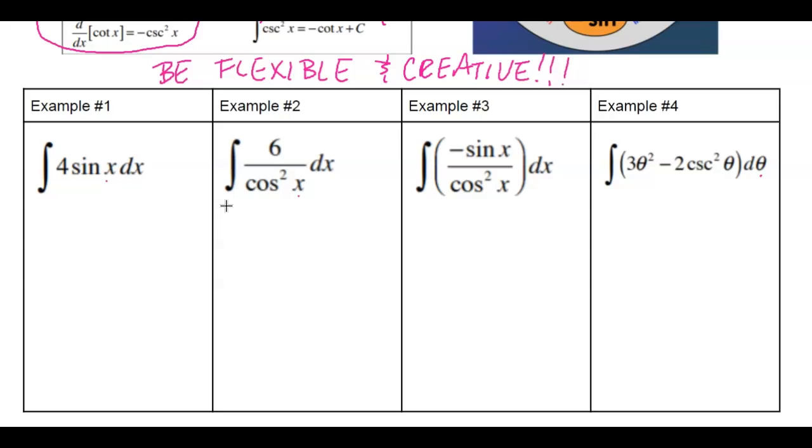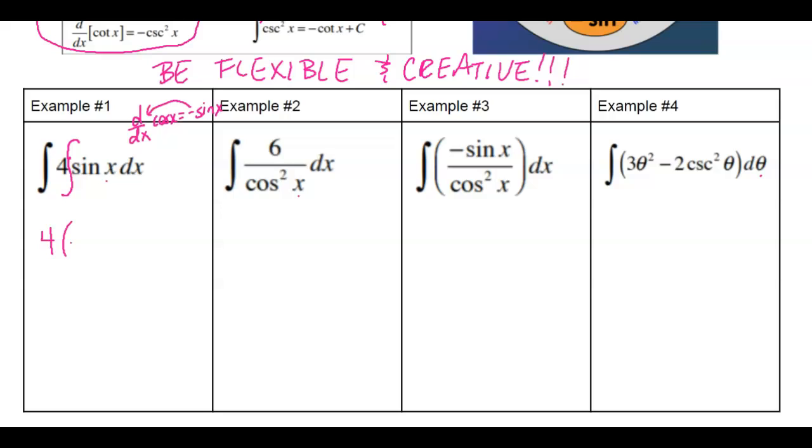Because this is being multiplied, you can factor that 4 out. I'm just going to think, what derivative was sine? The derivative of cosine is negative sine. If I don't want the negative, that means I have to put it over here.